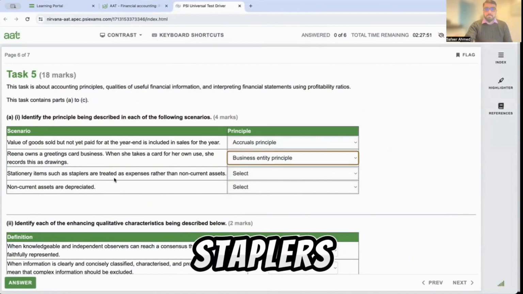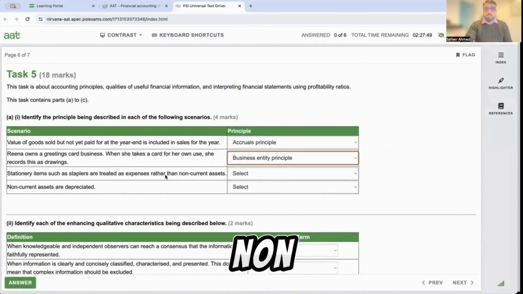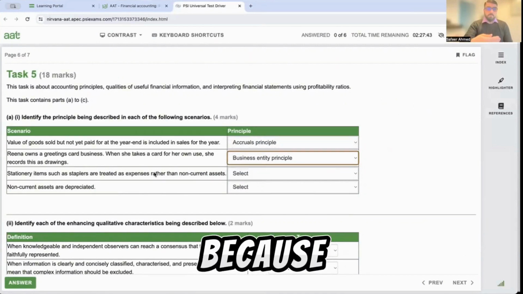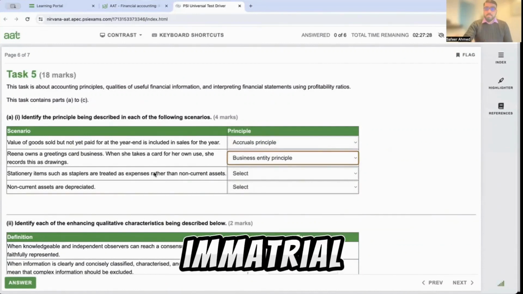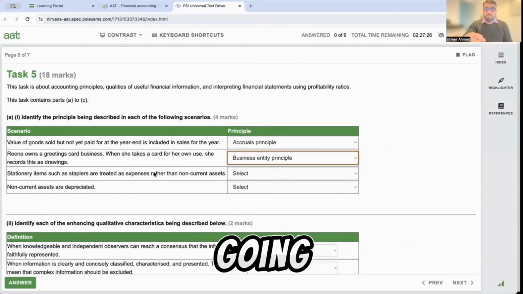Stationery items such as staplers are treated as expenses rather than non-current assets. Now, the nature of a stapler is of a non-current asset because businesses normally use it for more than one year, and technically, that's the definition of capital expenditure as well. But because the amount is immaterial in nature, we are not going to record it as an asset and depreciate it because of the small amount.